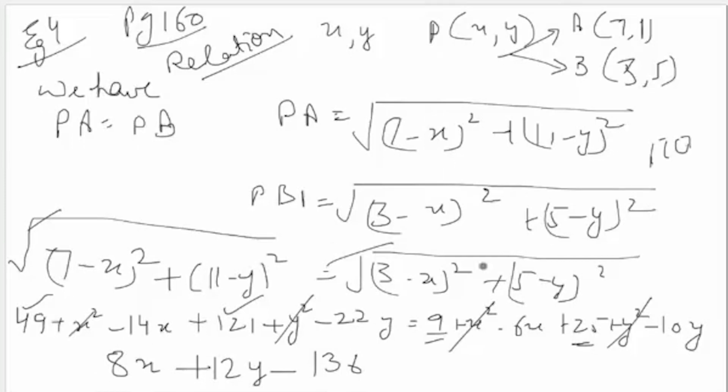This is positive, when it goes there it becomes negative. Am I right? Is my calculation right or wrong? Now these are divisible by 4, so we can divide by 4. We will get 2x plus 3y, and dividing this also by 4, 34 is equal to 0. This is the relation.